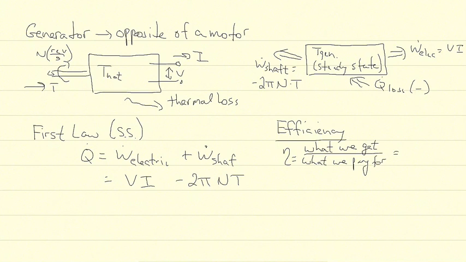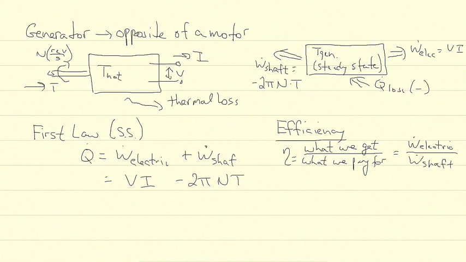And so what we get now from a generator is W dot electric. And what we pay for is shaft power. Okay? And again, we're going from one work transfer to another work transfer.